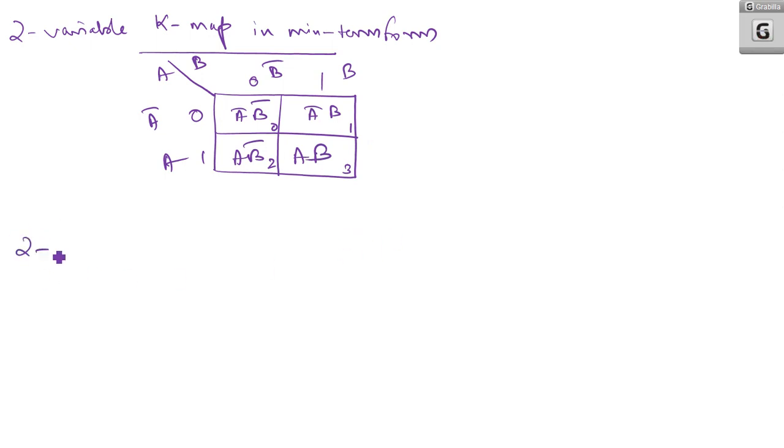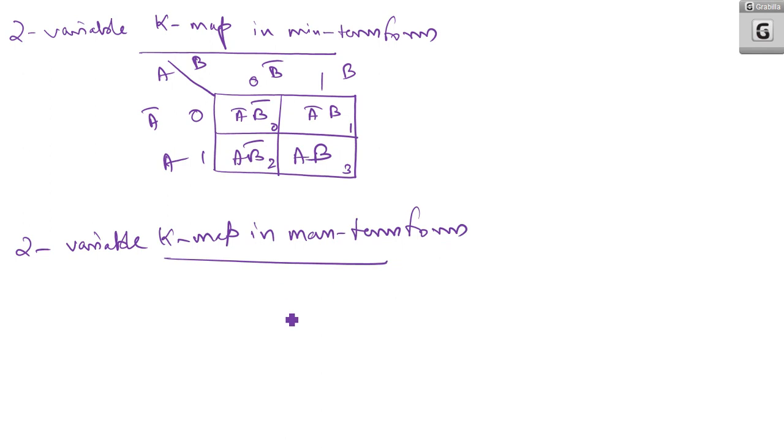If you are writing the two variable K-map in maxterm form, we can write like this, having four cells.